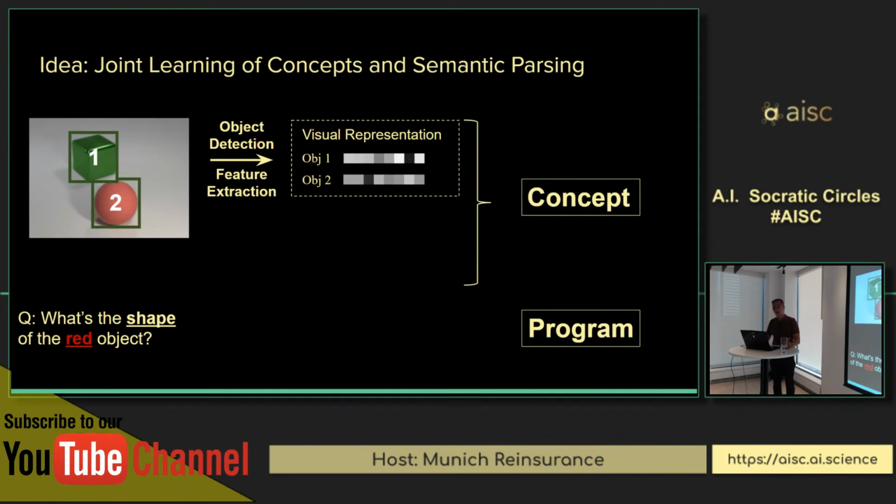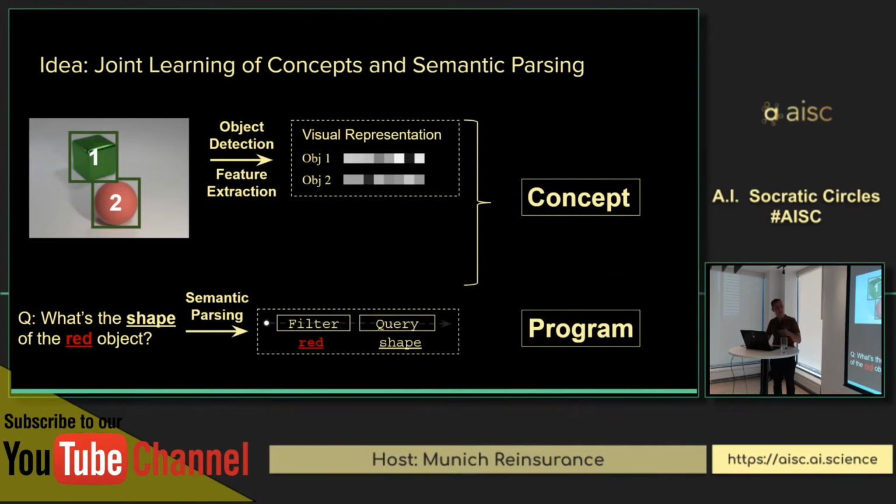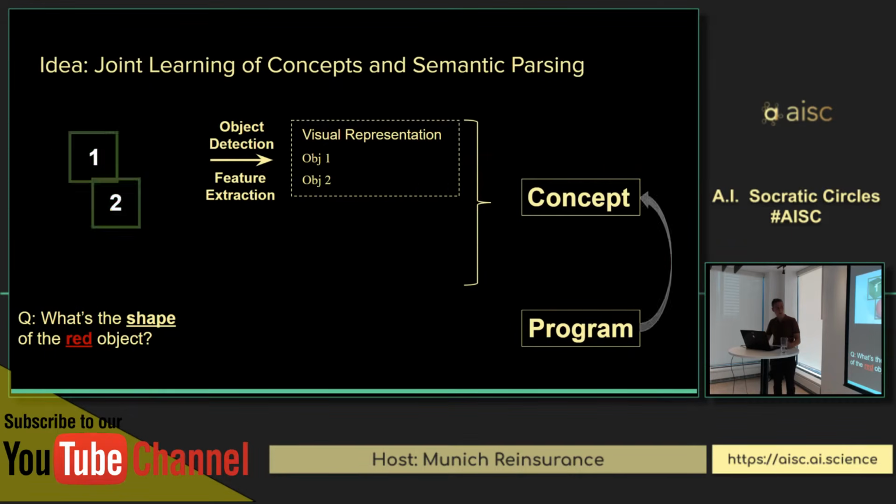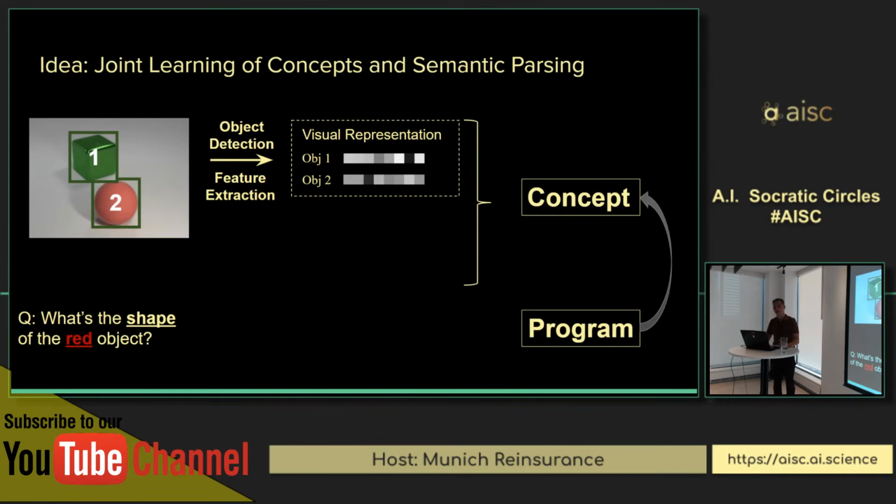So here we basically have two parts of the problem, which is learning the concept and learning the program. We first start learning the concept because that is basically how the authors approach training their machine learning model.